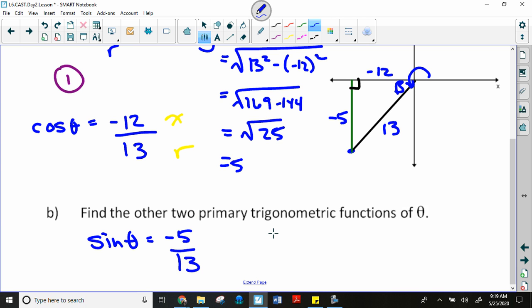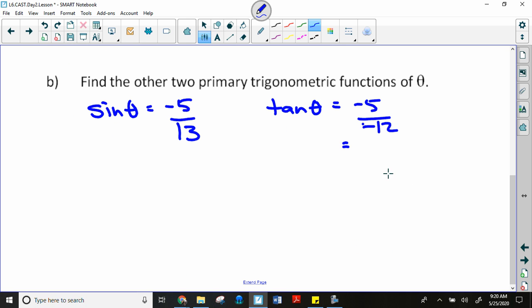This was a cos question. Tan is opposite over adjacent, negative 5 over negative 12, which equals 5 over 12. So tan is positive there, because a negative divided by a negative is a positive.